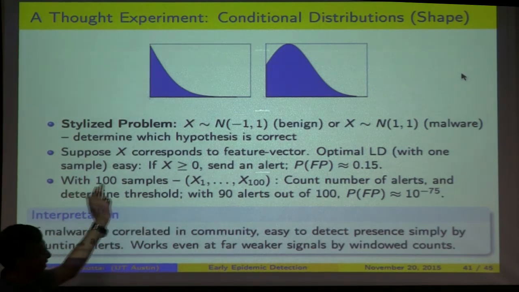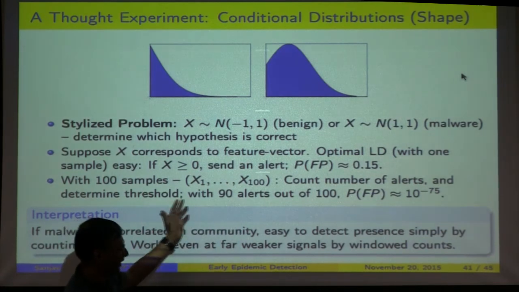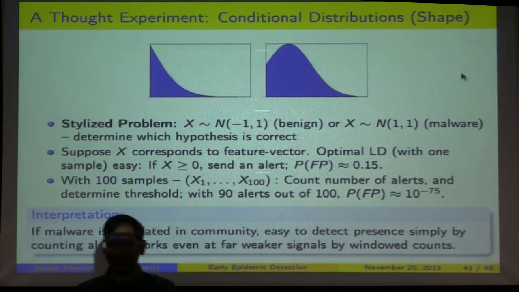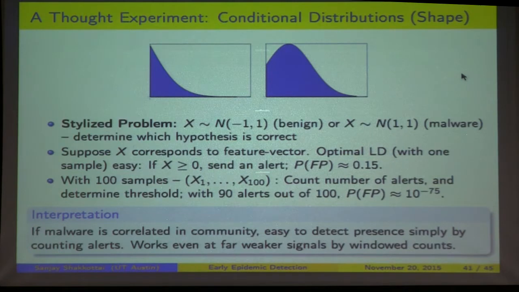With 100 samples, you can simply count the number of errors, and the probability of error is ridiculously small, because you've got so many independent samples. So if you know the count, there's correlation with the community. Just by counting the errors, it's very easy to figure things out. Fair. I change the problem.